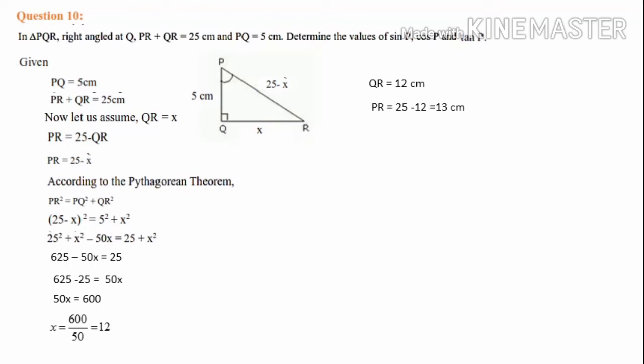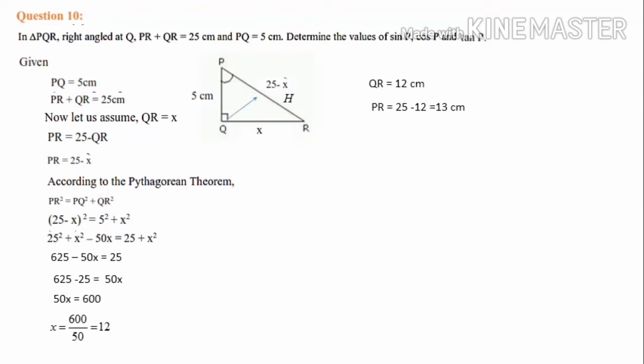Then PR is equal to 25 minus x, and when you substitute it, PR is equal to 25 minus 12. 25 minus 12 is 13 centimeter. So PR we have got as 13 centimeter.